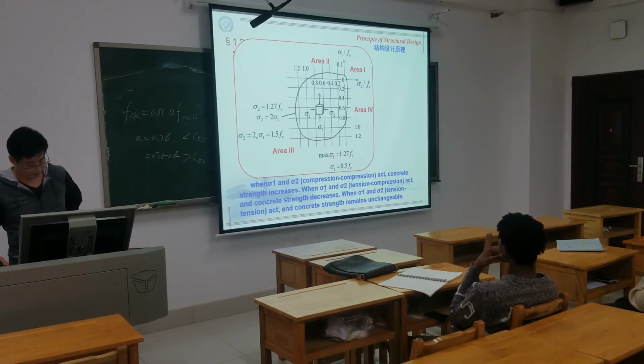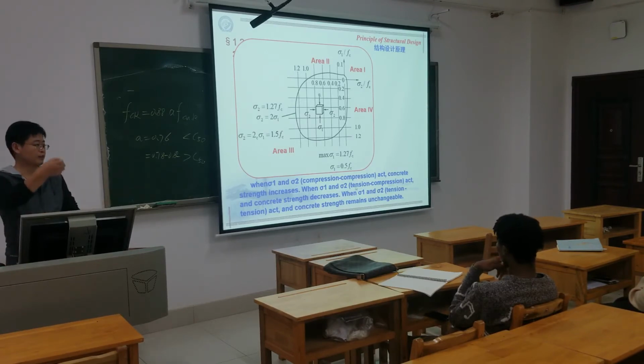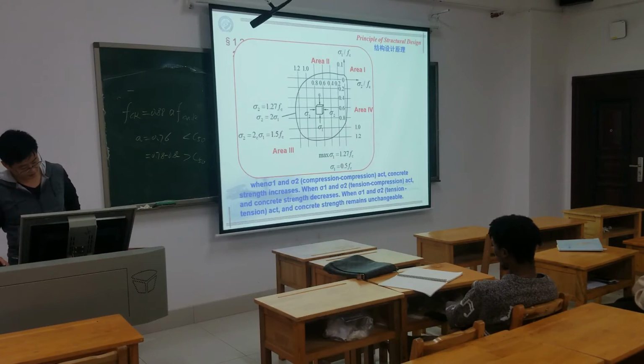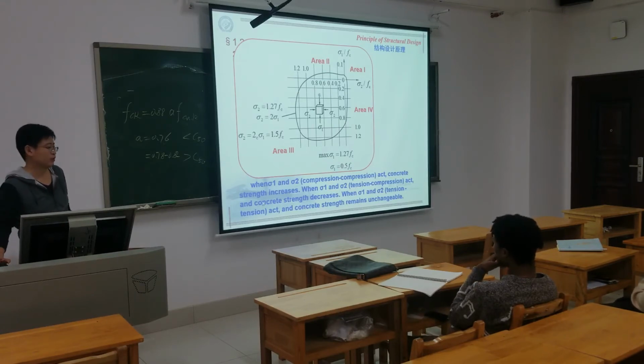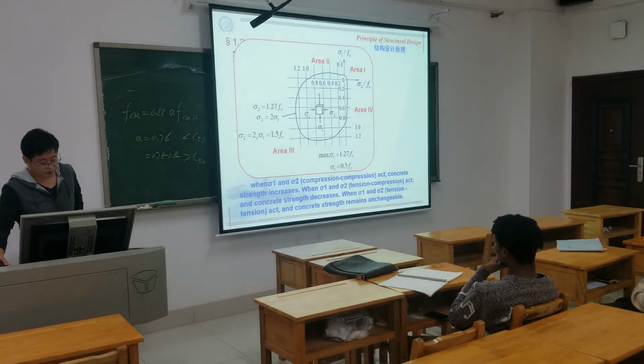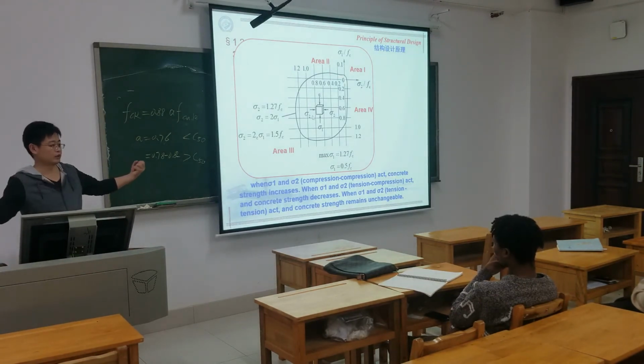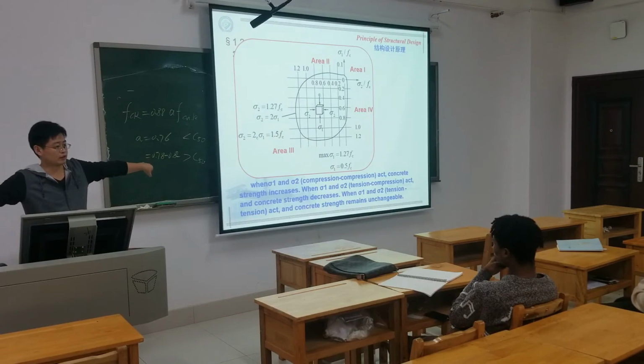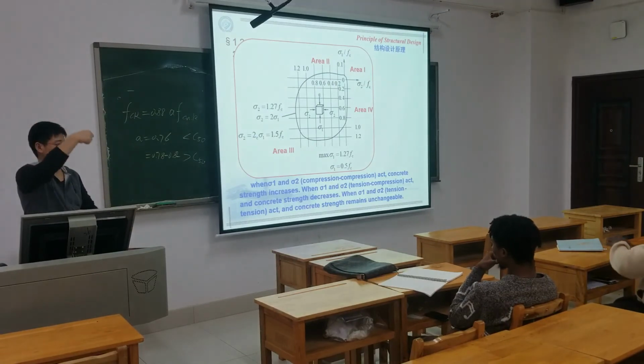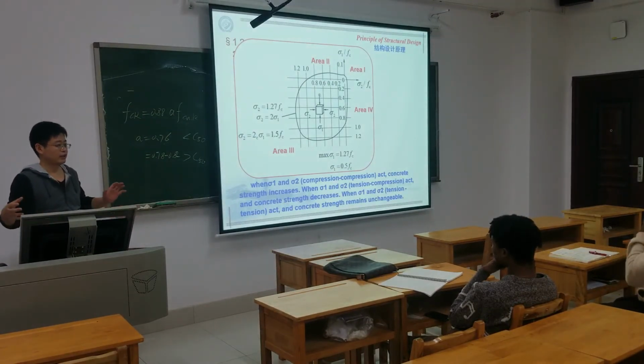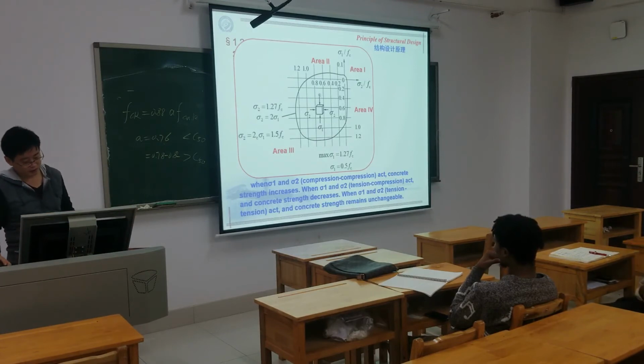But when sigma 1 and sigma 2 are different, one is tension and one is compression, then the concrete strength will decrease. I think this is easy to understand. If sigma 2 is tension and sigma 1 is compression, you will find the test result decreased.